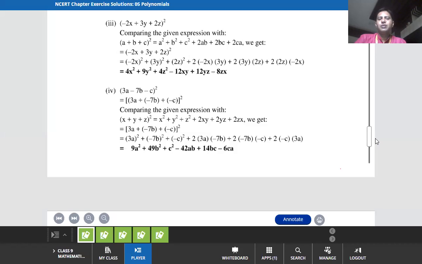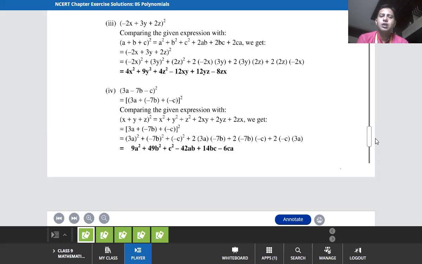If the question is given in the form of a, b, and c, we'll apply the identity in the form of x, y, and z. So while applying the identity x plus y plus z whole square is equal to x square plus y square plus z square plus twice xy plus twice yz plus twice zx, we'll compare x equals 3a, y equals minus 7b, and z equals minus c.